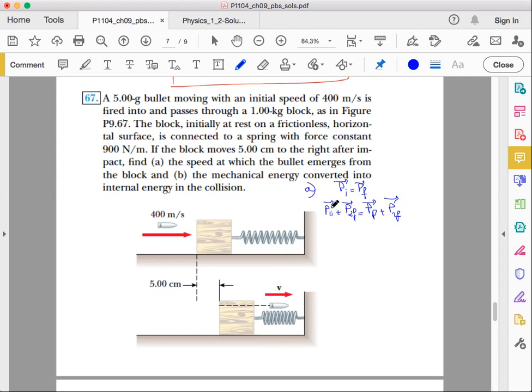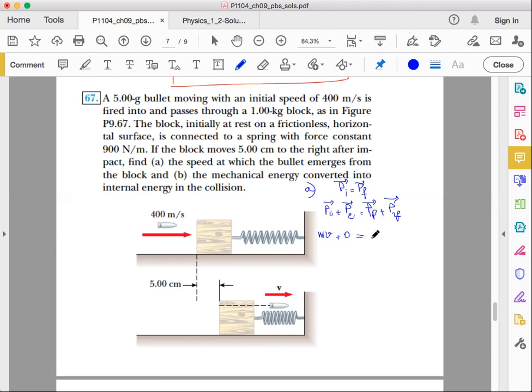Now, P1 initial is different than 0 definitely because it's equal to the mass of the bullet multiplied by its speed V. P2 initial, sorry, this is a typo. P2 initial is simply 0 because the block is at rest. It is equal to P1 final.